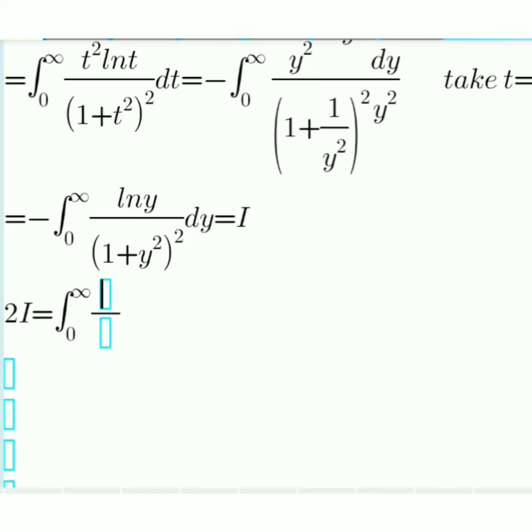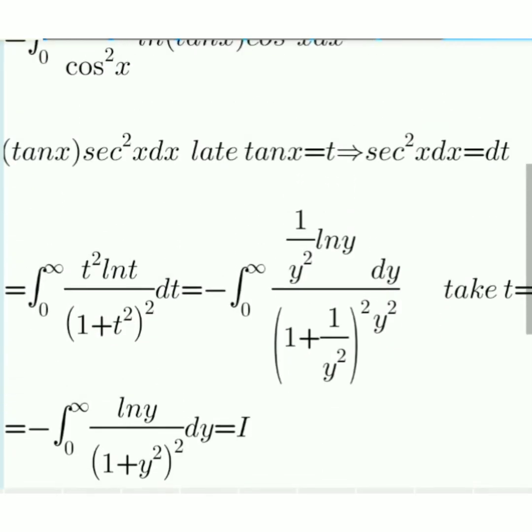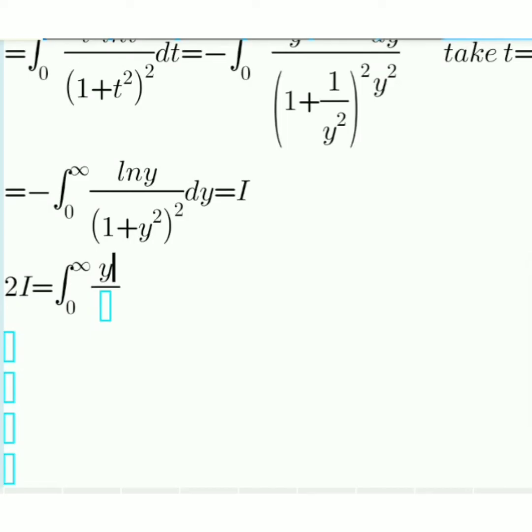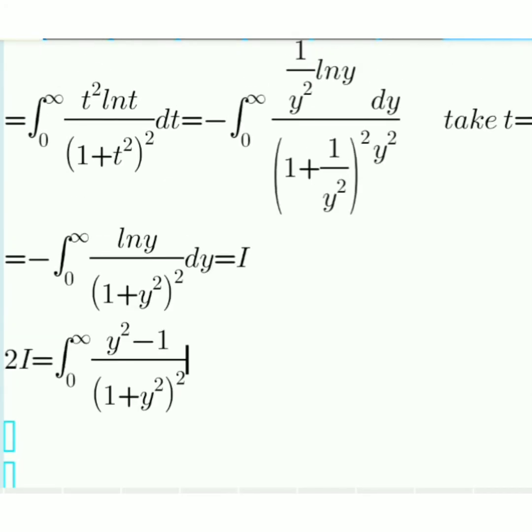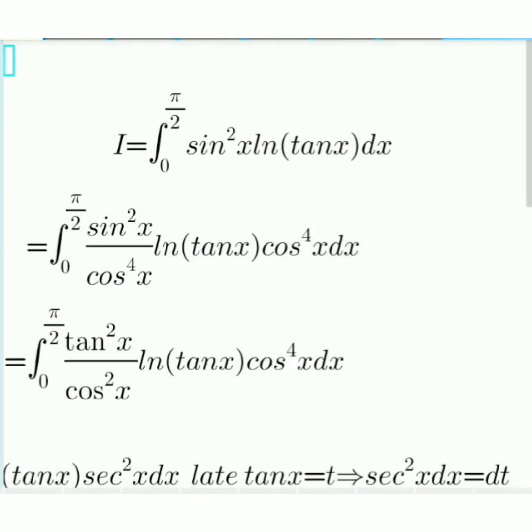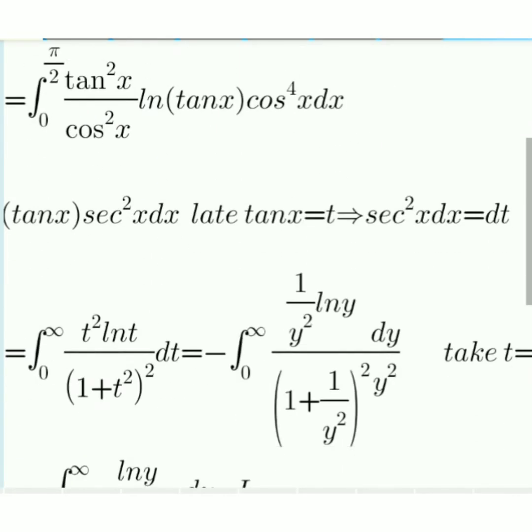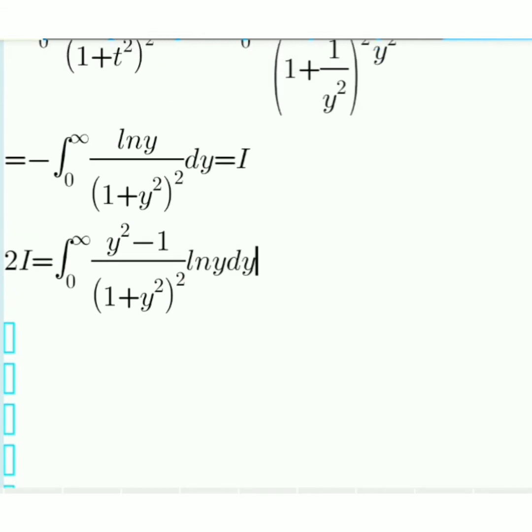y square. It can be written in a lot of ways: 1 by y square minus 1, into 1 plus y square, whole square, and next ln y, because I added this I and this I. So this is the dy, and now I just divided by 1 by y square, 0 to infinity.